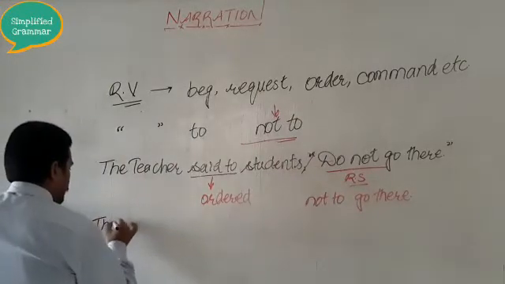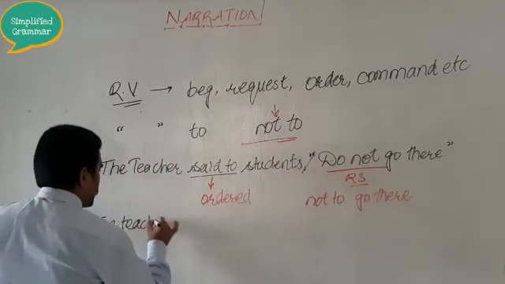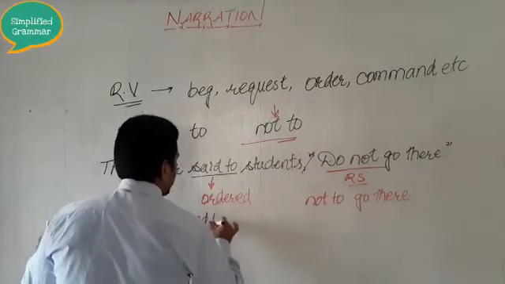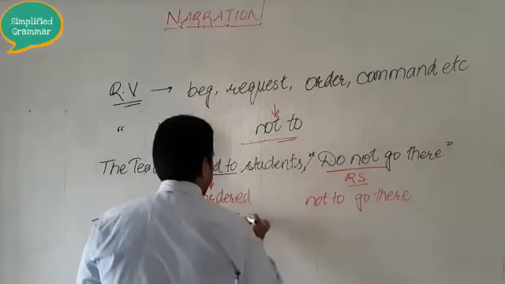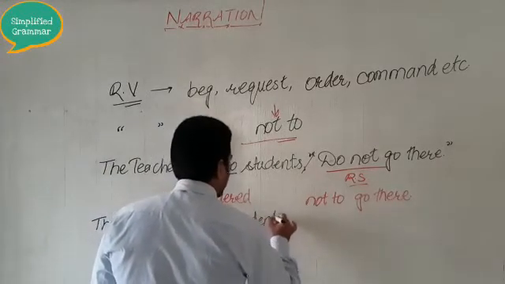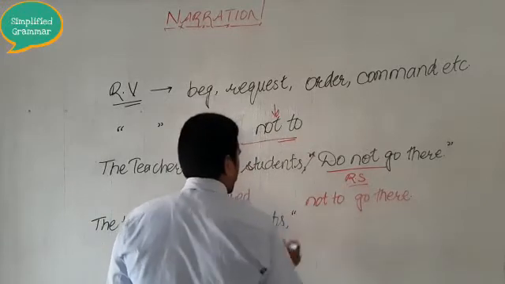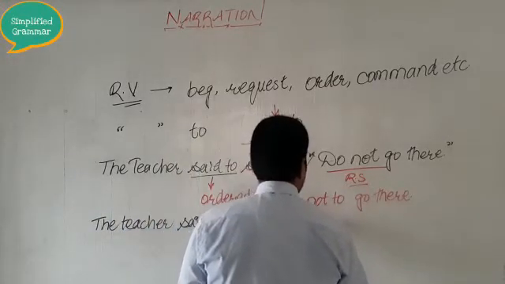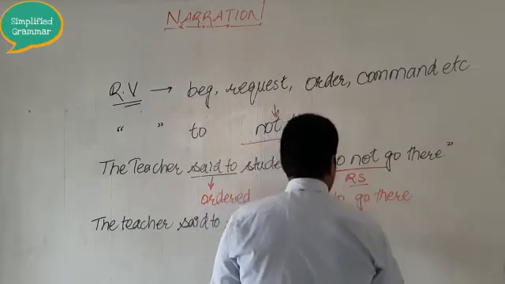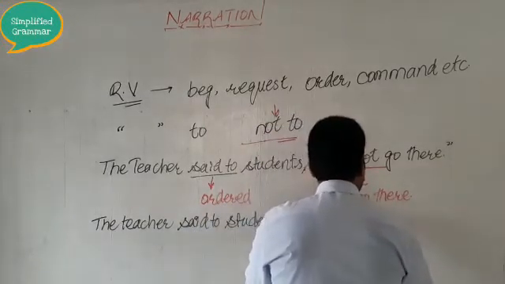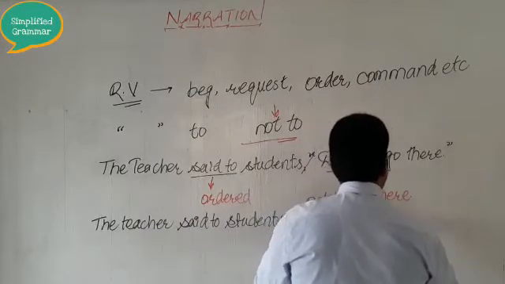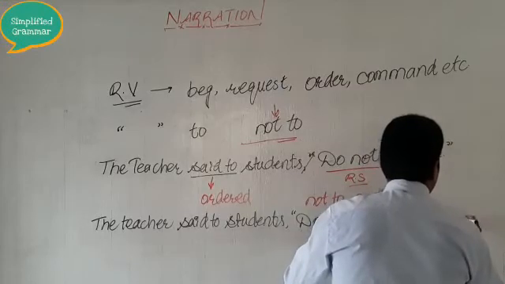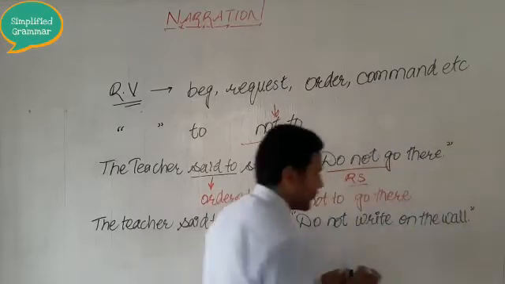Now let us take one more example. The teacher said to students, comma, double inverted commas, do not write on the wall, full stop, double inverted commas, close.